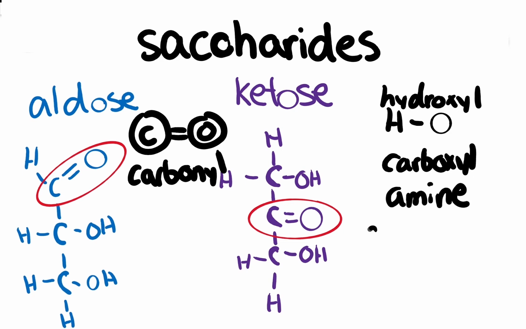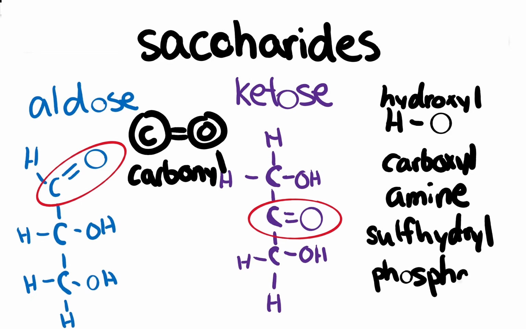You have sulfhydryl. Then you also have phosphate groups. And so these can be found in a number of different large biological molecules ranging from proteins to nucleic acids. I'll be going further into each of these groups as we see them in the future.